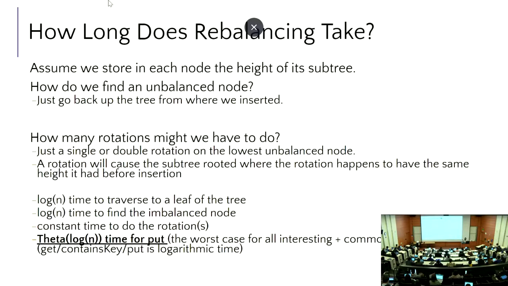So this is the conversation I wanted to make sure that we had. How long does this rebalancing take? So we know that the number of recursive calls is going to be however tall the height of the tree is. And so how do we find an unbalanced node? We just end up recursing back up.